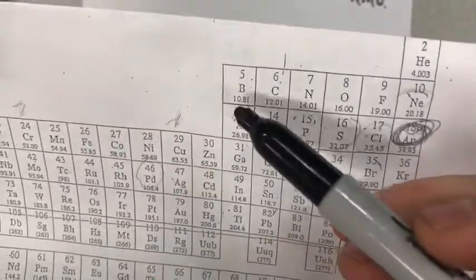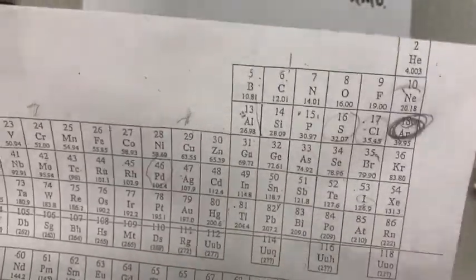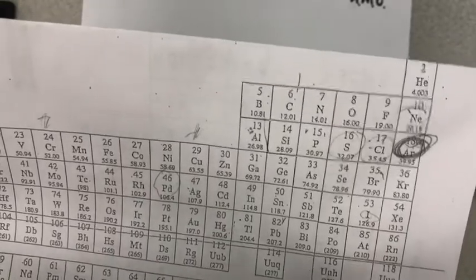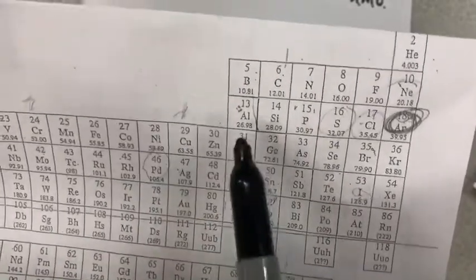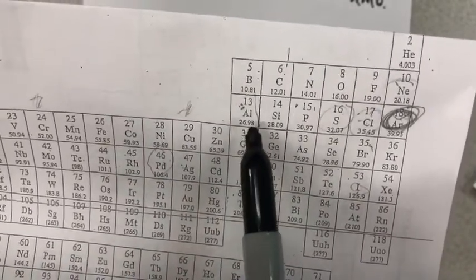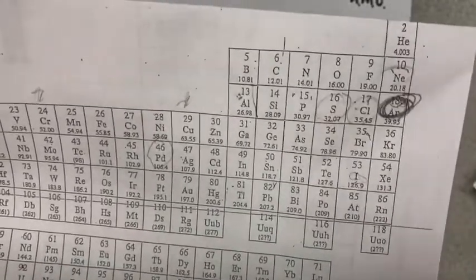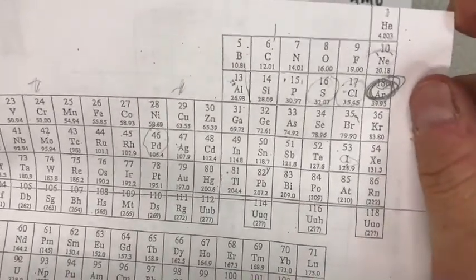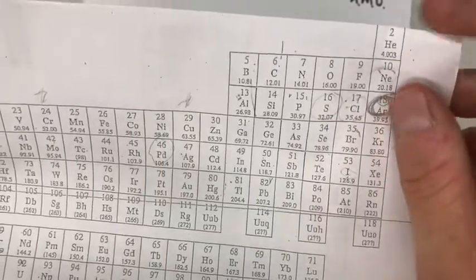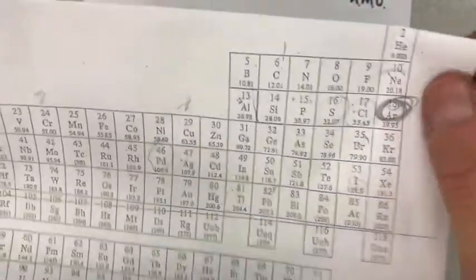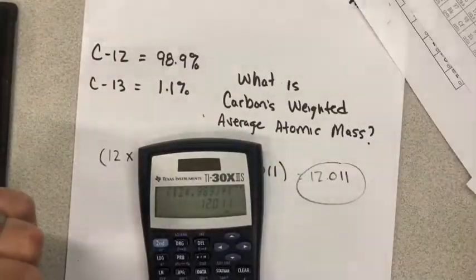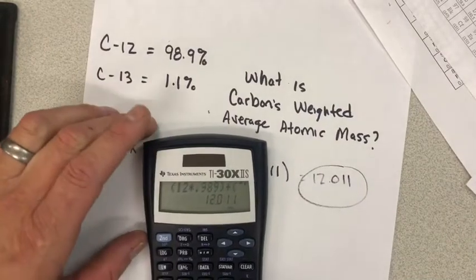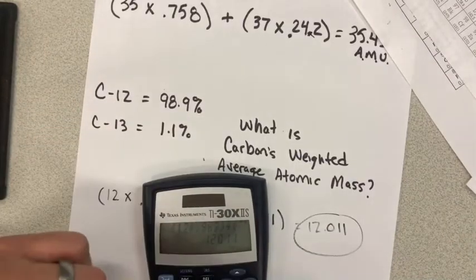Just like most of the boron isotopes are boron-11. Most of the aluminum isotopes would be 27. So just think about rounding those things up or down to the nearest whole number, and the number you land on is the most abundant of the isotopes. All right, so I hope that helps with isotopes.